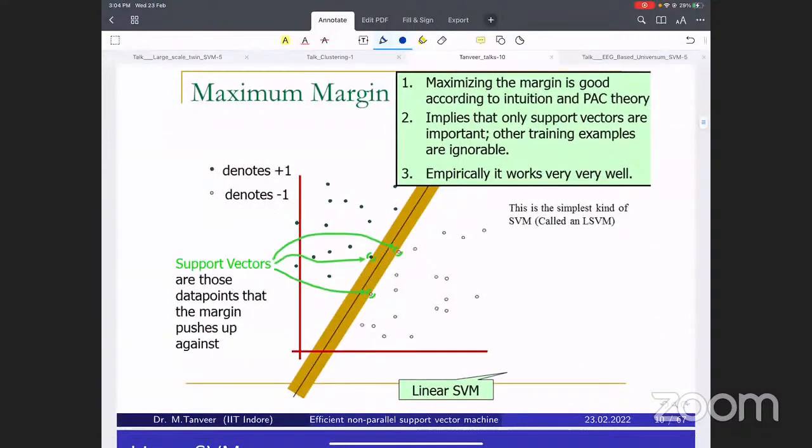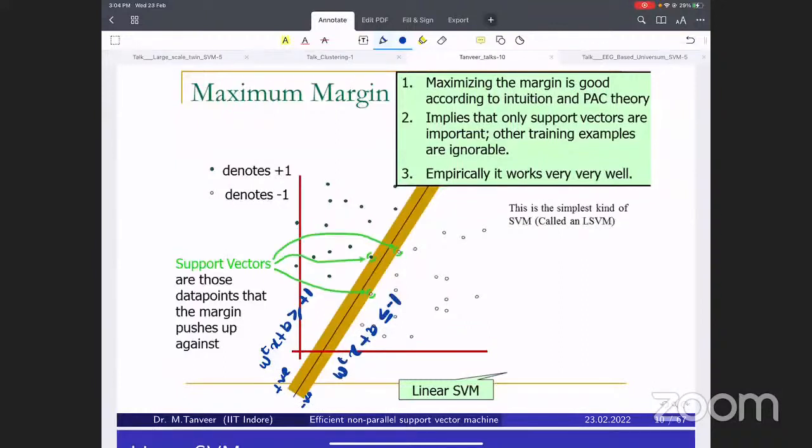You can see here, for example, that this is W transpose X plus B, just an equation of W transpose X plus B less than or equal to 1. This is the negative class and this is the positive class.